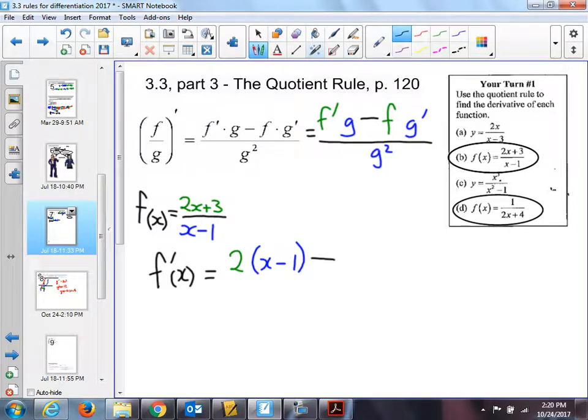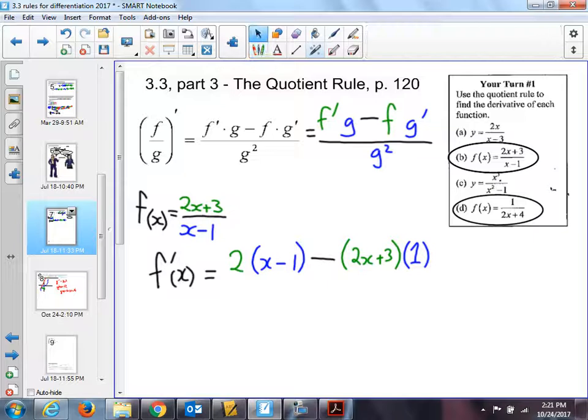Subtraction is built into the formula. Use brackets. You may make errors otherwise. Then, 2x plus 3, the derivative of the bottom is 1. So you don't need to write it down. I'm going to write it down just to show I've used this g prime thing.